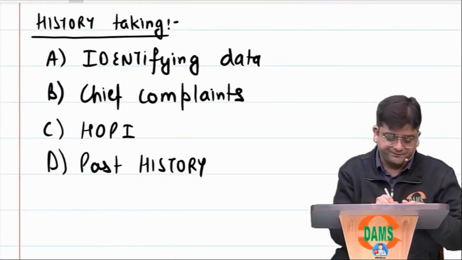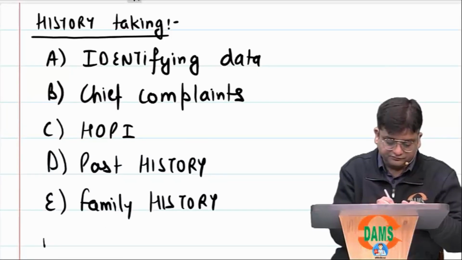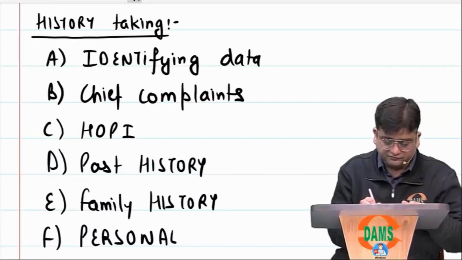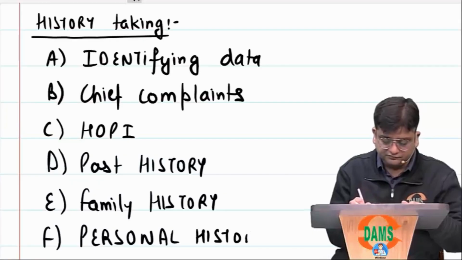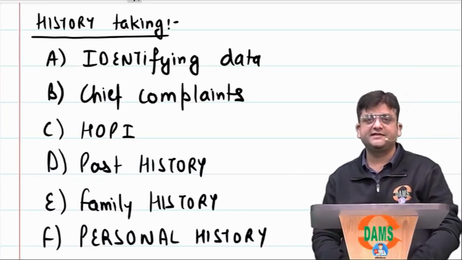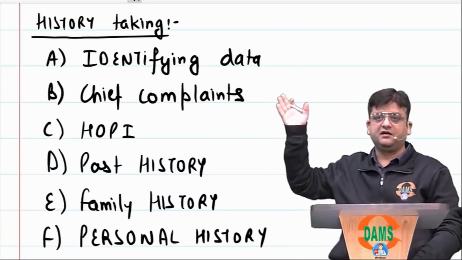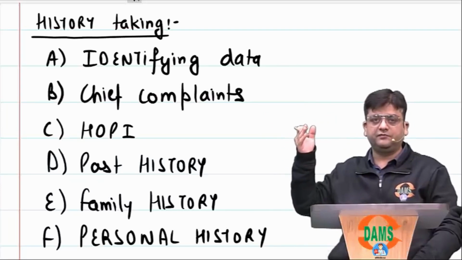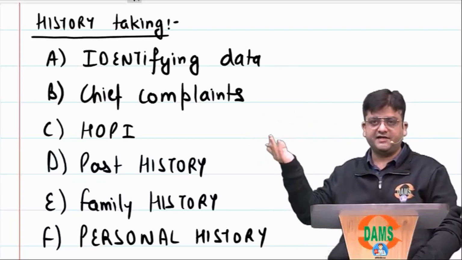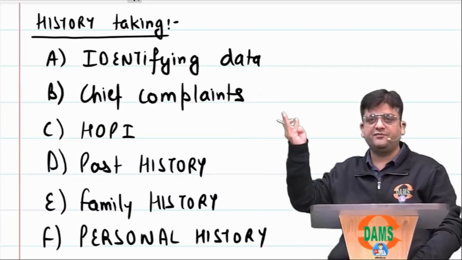Past history. Personal history. These are the main things in history taking. Identifying data means name, age, sex, where is the patient from, address. Chief complaint, why the patient is present. HOPI, I hope you know what is HOPI, history of present illness.